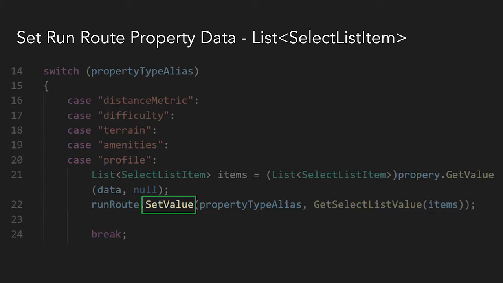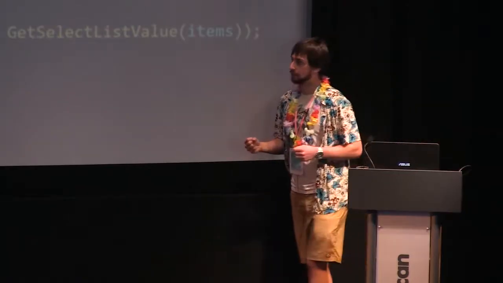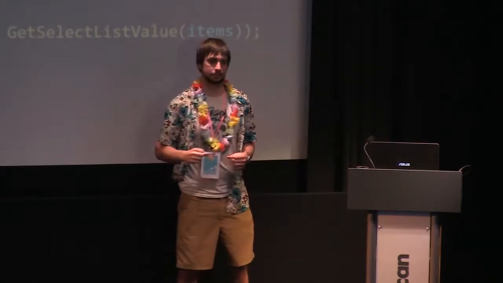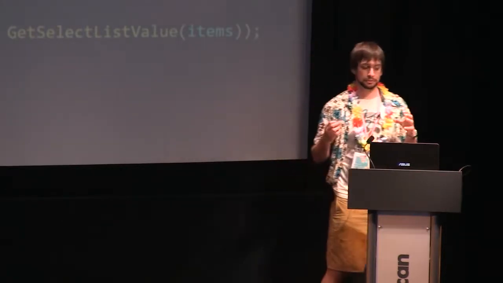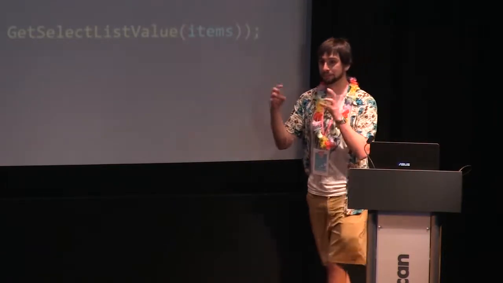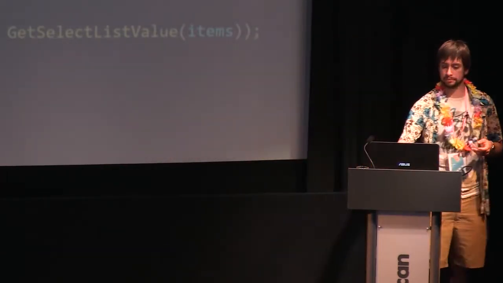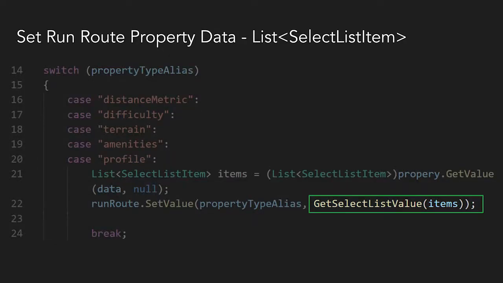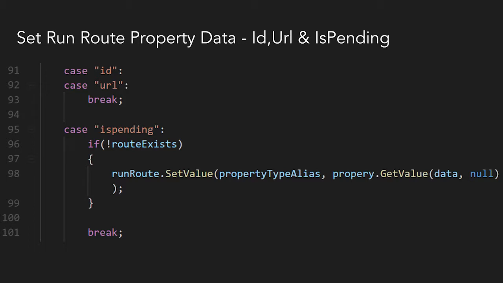Now, because we do all that work to get the correct pre-values for that select list item list, it's very easy for us to actually get a comma-separated string of numbers to set values such as this, the drop-down checkboxes. That's what that does. And the majority of them is very simple, setting values one-to-one.